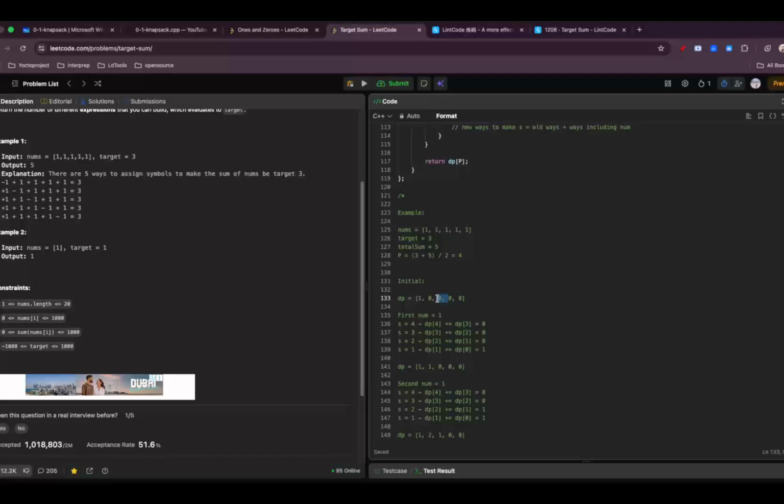Maybe this bottom up scenario, I'm not sure whether you are able to understand it or not. Somewhat. Okay, fine. Maybe when you do unbounded knapsack, you'll understand it better.